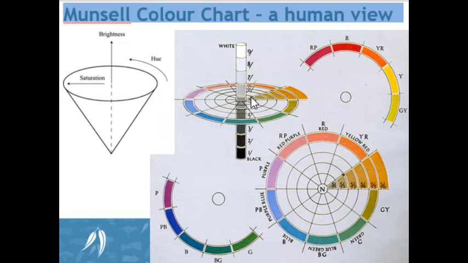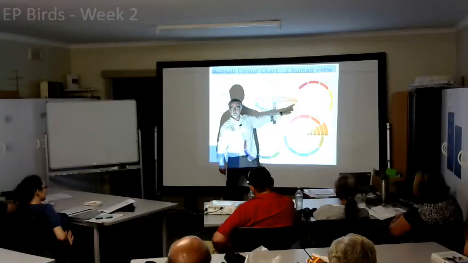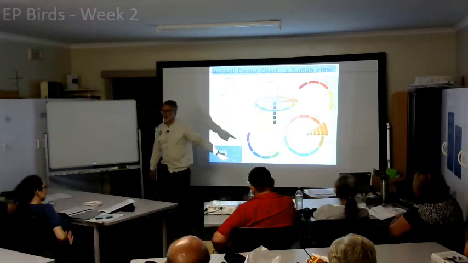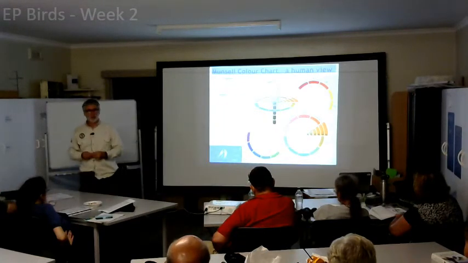But if we want to do it like a bird, we've got to add another dimension, because we've got ultraviolet in there as well. So we can mix ultraviolet with yellow. We can mix ultraviolet with red. We can mix ultraviolet with blue. And so we get a far more complex view of the world.